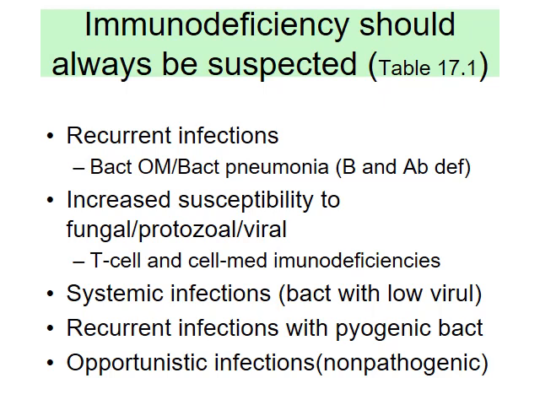The other important thing is that if anyone is susceptible to fungal, protozoal, or viral infection, normally if you are an adult, your immune system should be good enough to take care of most of the fungi, protozoa, or viruses. But if you do have a T cell or cell-mediated immunodeficiency, you're going to fall prey to these diseases.